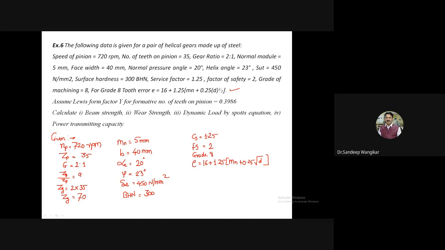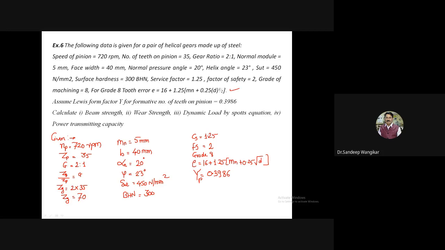As this error is given for grade 8, we have to calculate the dynamic load by using Spott's equation: error for pinion, error for gear, and dynamic load. Assume Lewis form factor Y value is given here as 0.3986, for formative teeth on pinion.